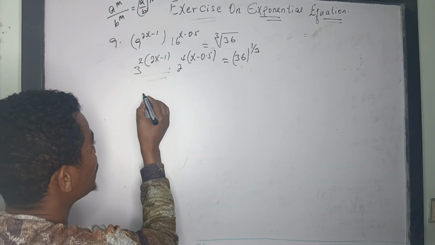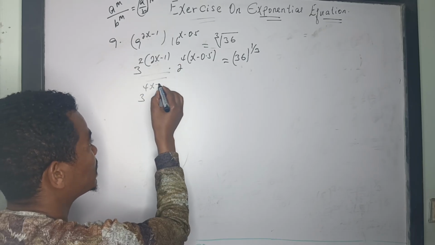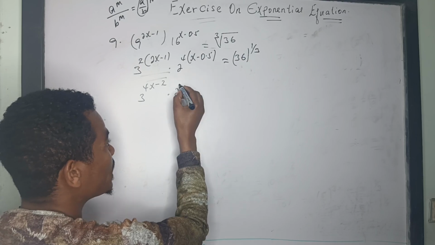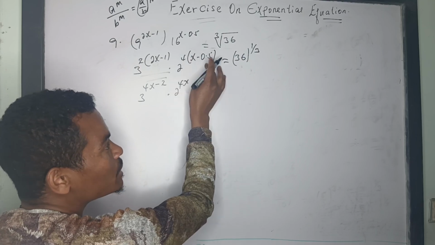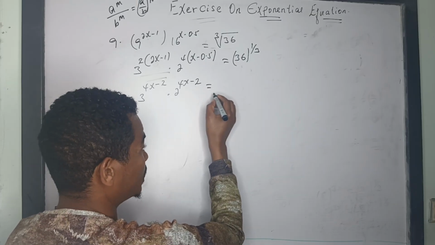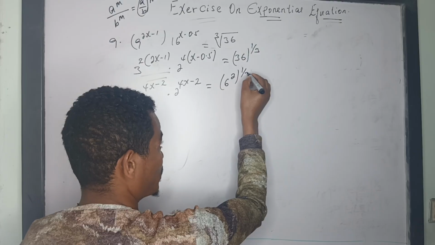So this is the same as 3^(4x-2) times 2^(4x-2), and 36 is 6^2, to the power of 1/3.